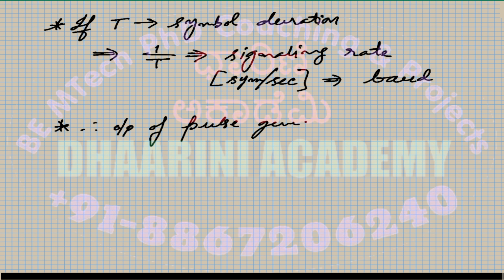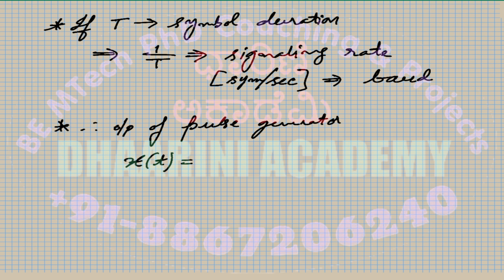So x of t is equal to, we know that there is an amplitude, let's call it capital A, into a pulse that is getting generated, like a rectangular pulse. Each amplitude A is getting multiplied by a rectangular pulse, that is G.